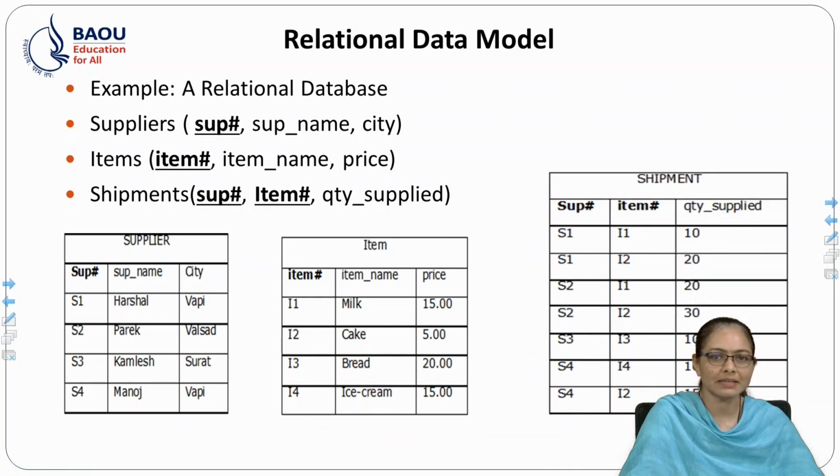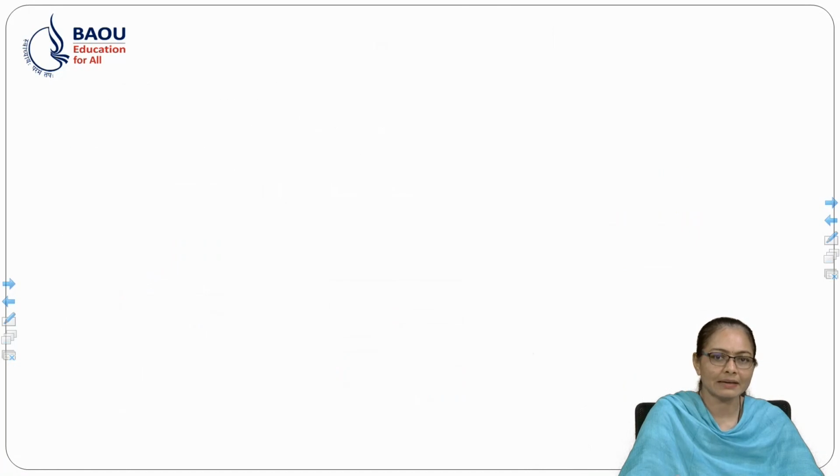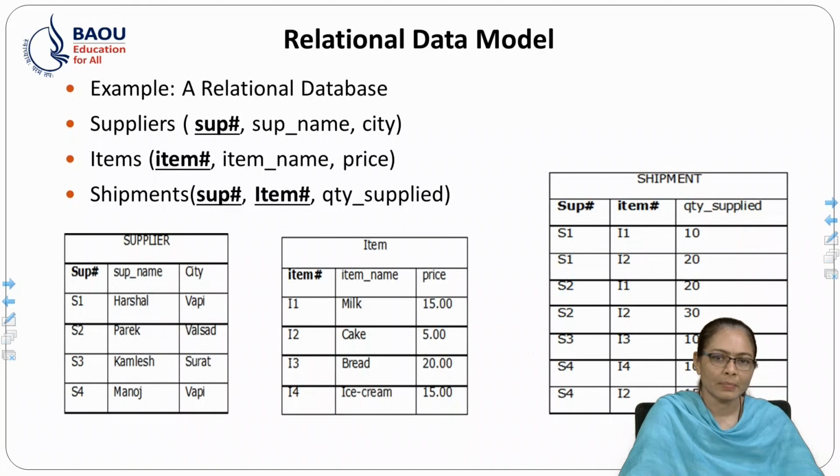Now the third relation is shipment. Shipment has supplier number, item number and quantity supplied. Here supplier and item tables are related with the shipment table using the supplier number and item number.